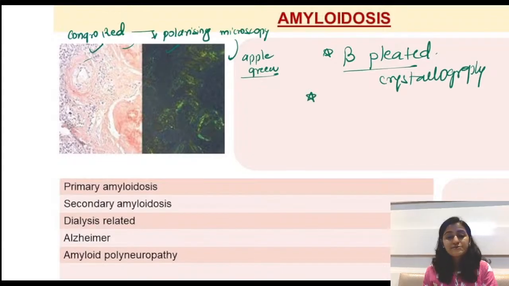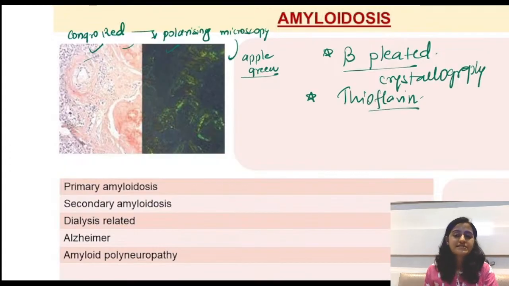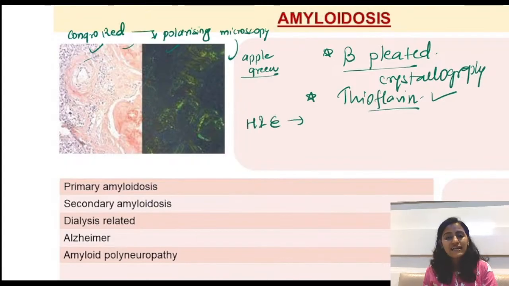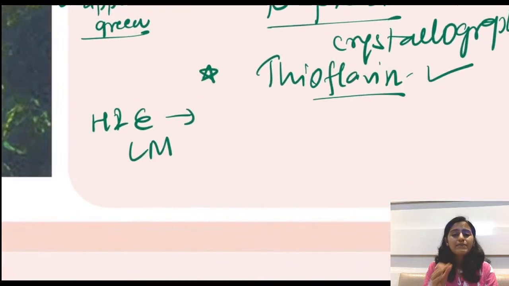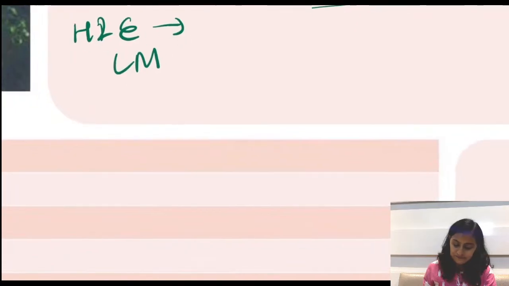Okay, and the next one, what is the other stain that we can use? We can also use thioflavin. Thioflavin T and thioflavin S is the other stain that we can use. When you see on H&E stain, the light microscopy, amyloid, is it intracellular eosinophilic, extracellular eosinophilic, intracellular basophilic, what is it?